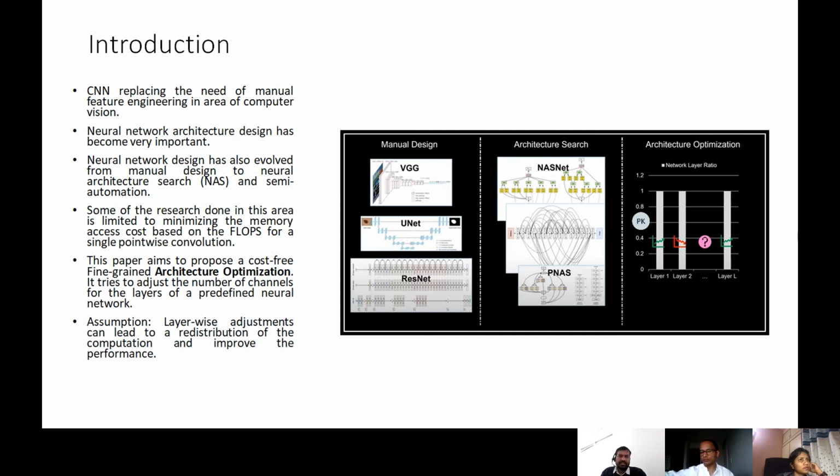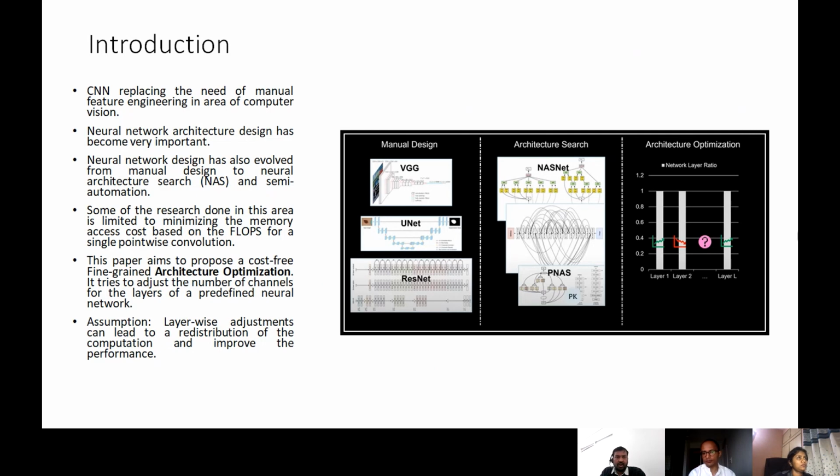There are several directions of designing neural network architecture. One is manual design, like VGG or residual-based networks like ResNet or UNet. Another important direction is neural architecture search, and we have NASNet and PNAS. The third direction is what this paper mostly focuses on.